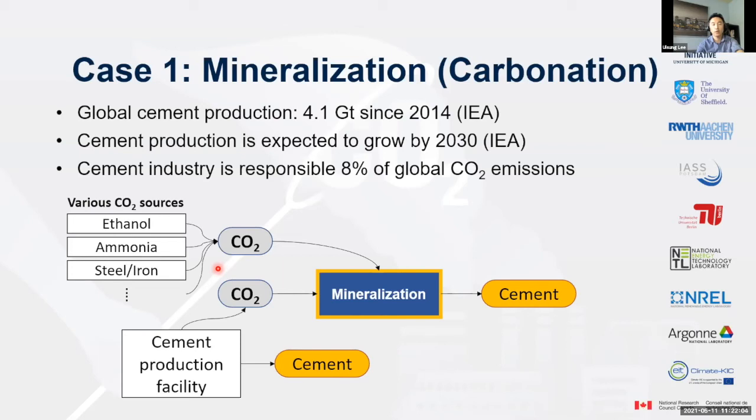And if we expand the system boundary, expand the feedstocks available for the mineralization, we can even consider the power plants or even DAC, the direct air capture CO2, for further production of products like the cement here. So this is the one specific case that we are currently considering to evaluate: the TEA and LCA for this mineralization technology.